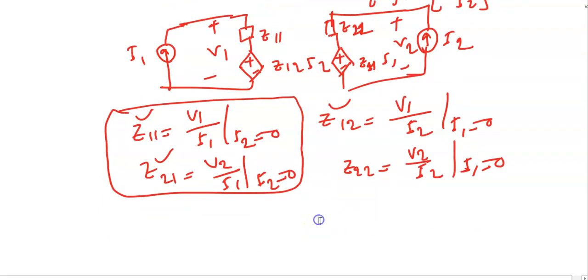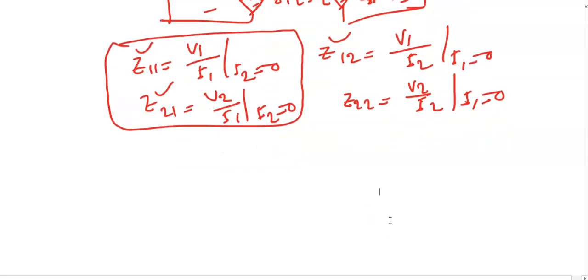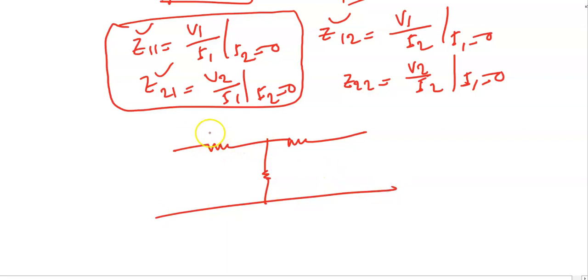Let us move to an example to clarify more. Consider the network. It's a popular T network, and this is 0.5 Siemens, this is 0.2 Siemens, and this is 0.4 Siemens.